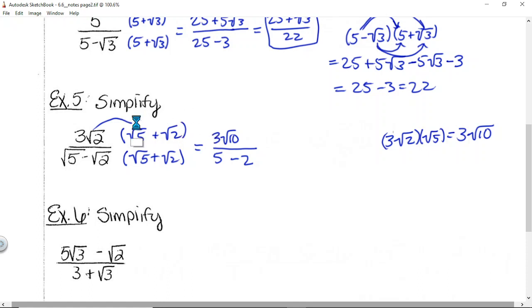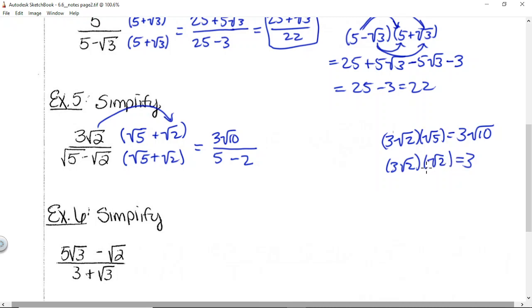So now we have to take that times this, and let's do that over to the side as well. 3 times the square root of 2 times this time the square root of 2. Okay, we have the number out front, 3. It's just write it down. Square root of 2 times the square root of 2. That's 2, right?